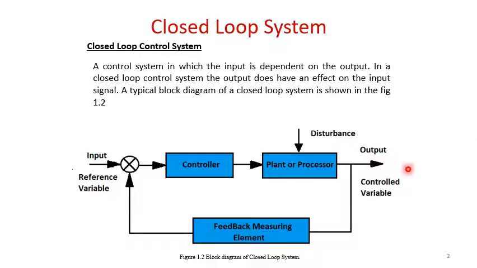If there is any disturbance in the plant or process variable, the controlled variable is going to change, which will be measured by the feedback block. The feedback block is going to give its input to the reference variable, that is the comparison element, and the comparison element is going to trigger the controller to switch the plant on or off.